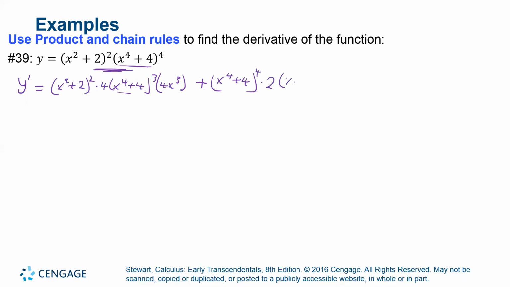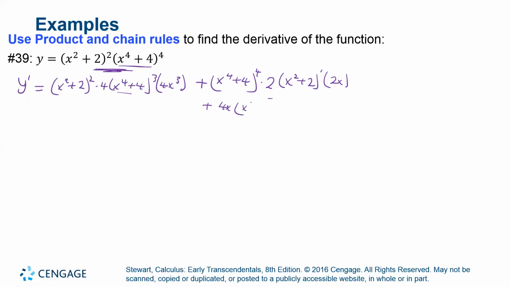Let's differentiate that. We have what? 2 times (x squared plus 2) raised to 2 minus 1, which is 1, and then we have what? The derivative of what? X squared plus 2, which is just what? 2x. Okay, so we can look for common factors and pull out some things there. Well, over here, this will be 2 times 2x, which is 4x.